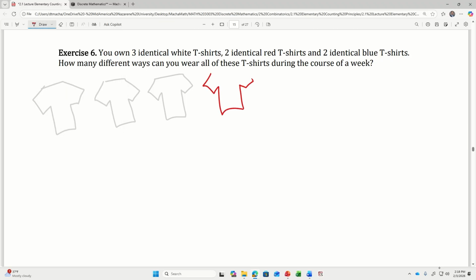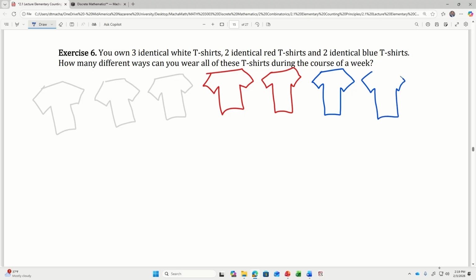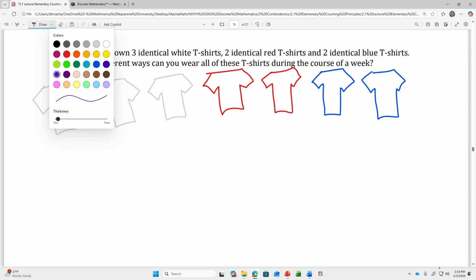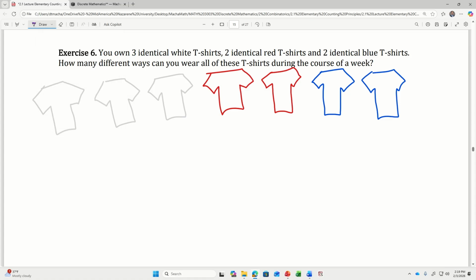How many different ways can you wear all of these t-shirts during the course of 7 days? And in this question, you only get exactly 1 t-shirt per day. You can't skip wearing a t-shirt, and you can't wear 2 on the same day. So, what do you think?